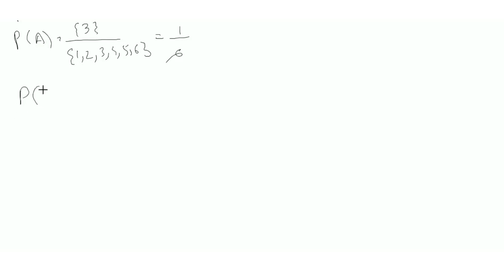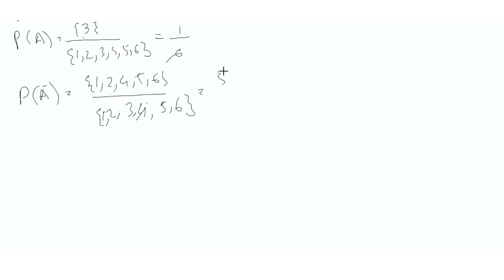Now the probability of A dash is that it would not be 3, right? So it could be anything else, but it's not 3. So in that case, our possible options are 1, 2, 4, 5 and 6, out of the possible options 1, 2, 3, 4, 5, 6. So there are 5 favorable outcomes out of a total of 6 possible options, right?